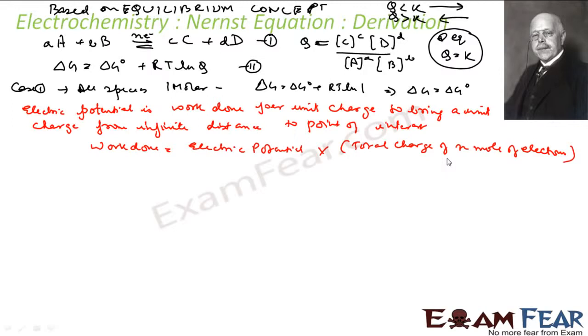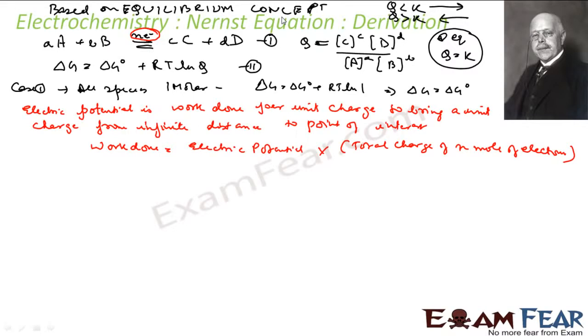Why? Because I am trying to bring n moles of electrons, and these n moles of electrons are getting transferred here. So what is the work done in this? I have to find total charge on these n moles of electrons into electric potential, correct? Because there is an electric potential of that. So that is the work done by the system, correct?